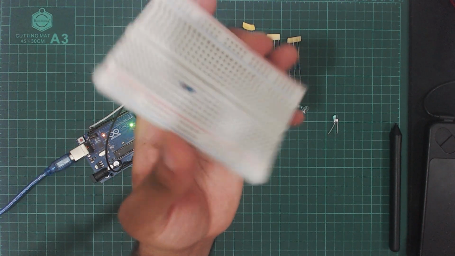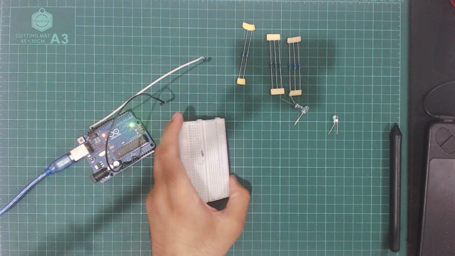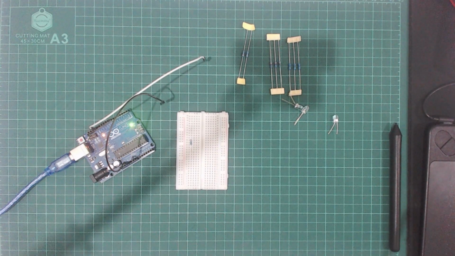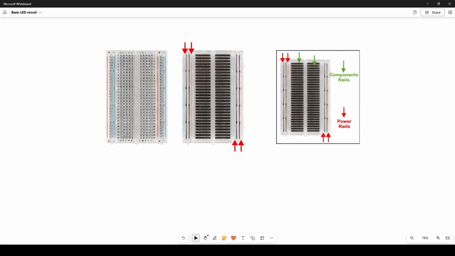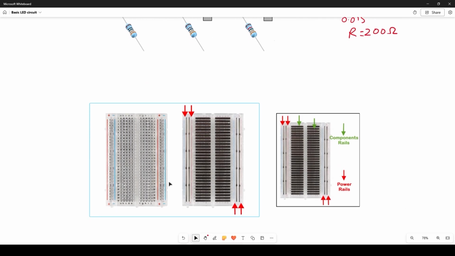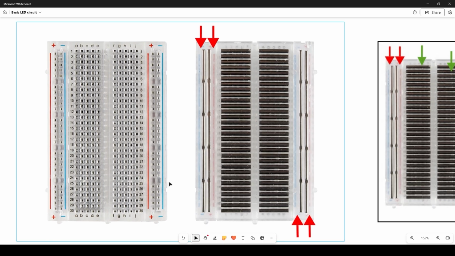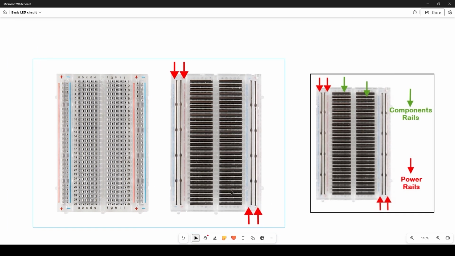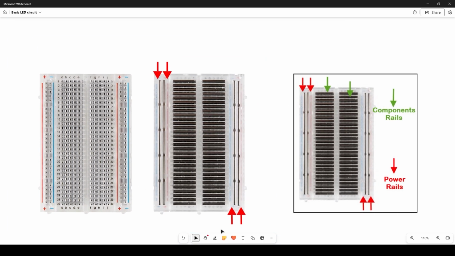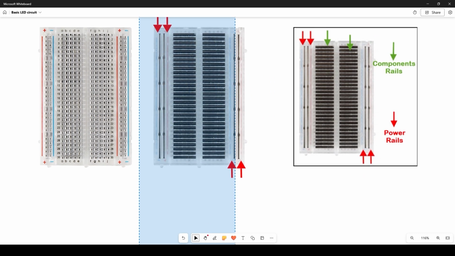So let's dive deeper into what the inside of a breadboard looks like. Let's switch. This is a breadboard, and as you can see, there's a picture of it without the top on.